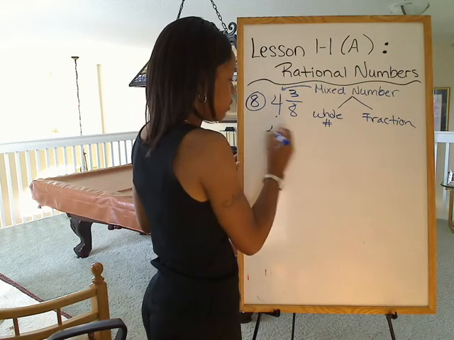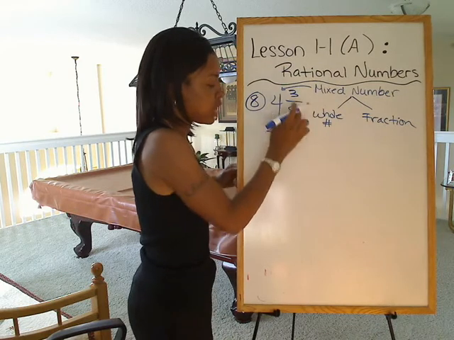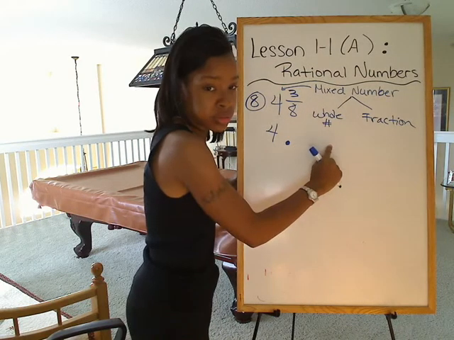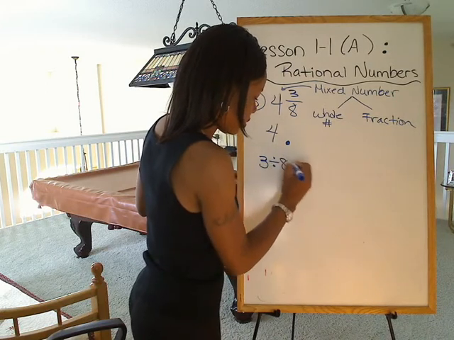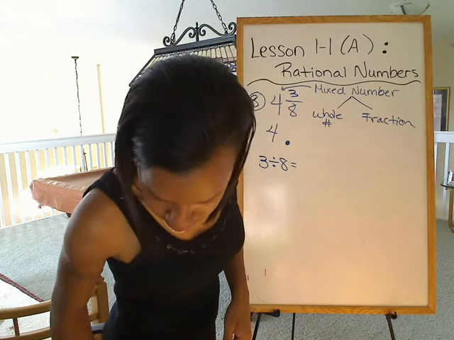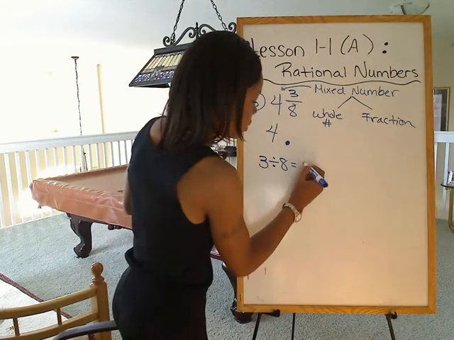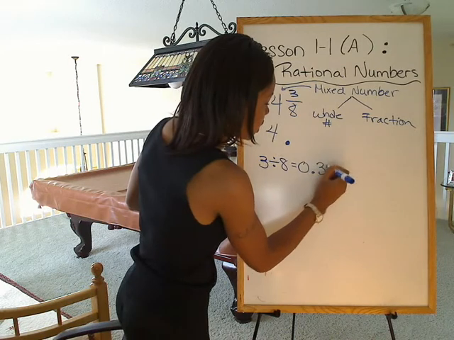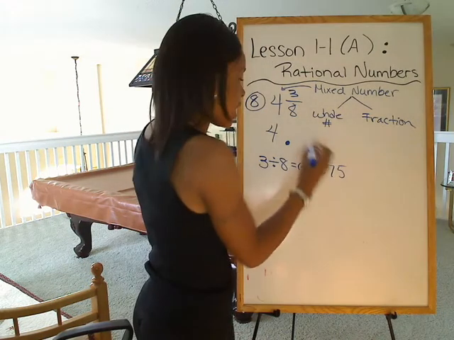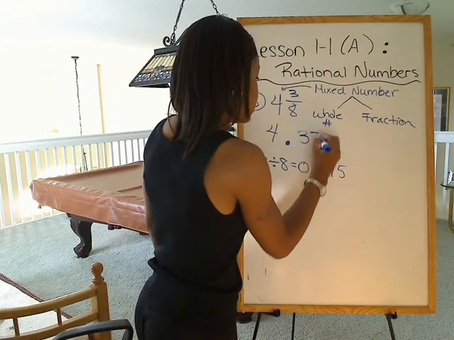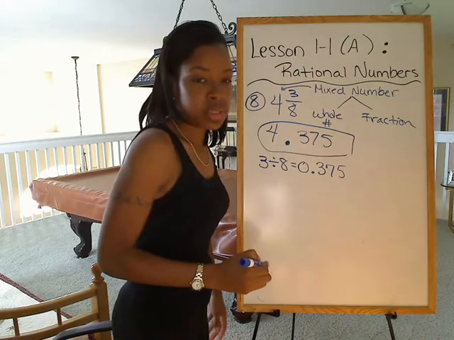The 4 is going to go in front of the decimal, and whatever we get when we change 3/8 into a decimal is going to go after the decimal. So for instance, 3 divided by 8 gives you 0.375. So 0.375 comes after the decimal, and that's it. The answer will be 4.375.